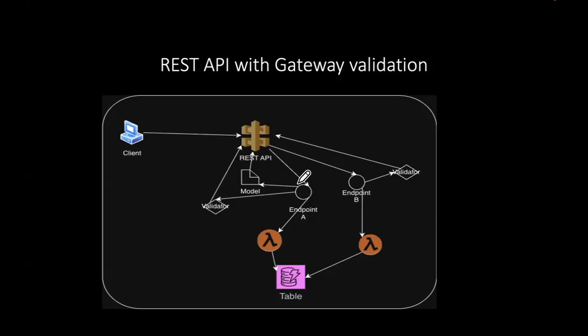Also, in terms of linking all of these things together, you have to specify in the endpoint configuration that you point it at the validator that's being used by API Gateway to do validation for that endpoint.